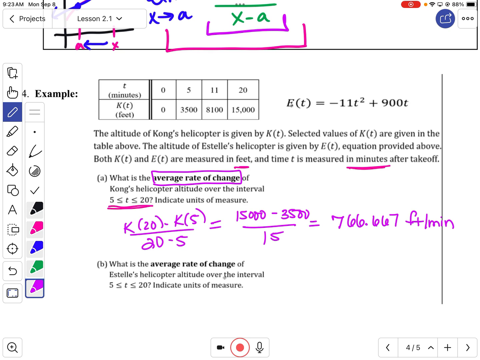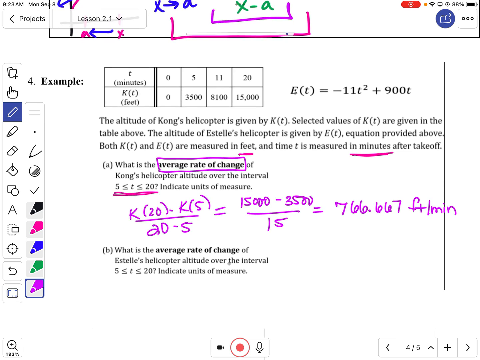Double check my math. Okay, we'll take 3 decimal places always. So 766.667 feet per minute. All right, let's do the same thing for Estelle's helicopter.